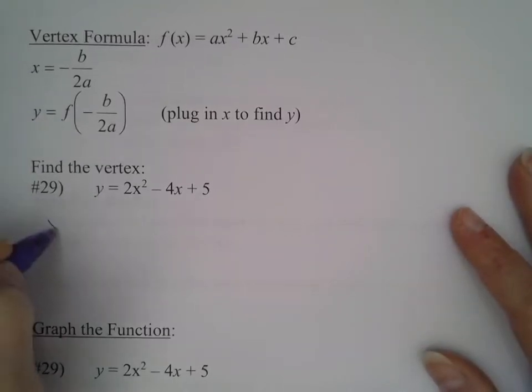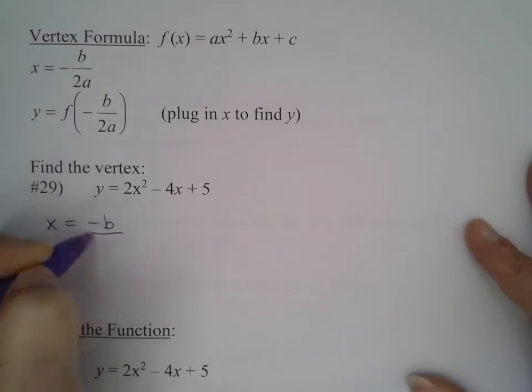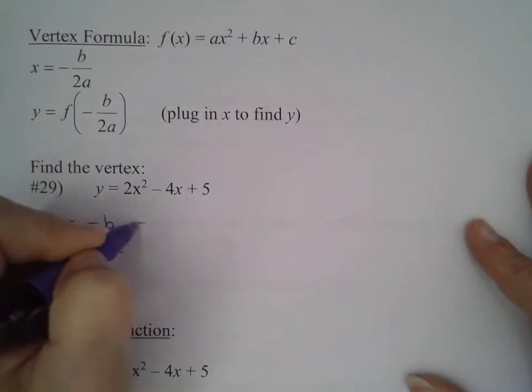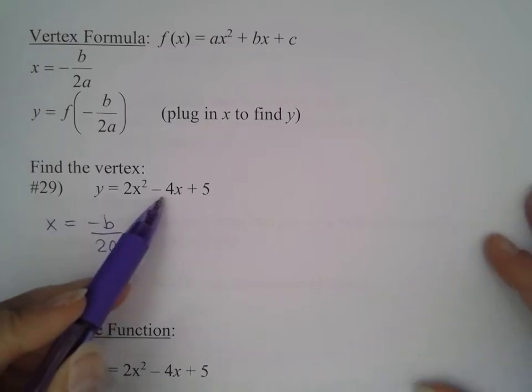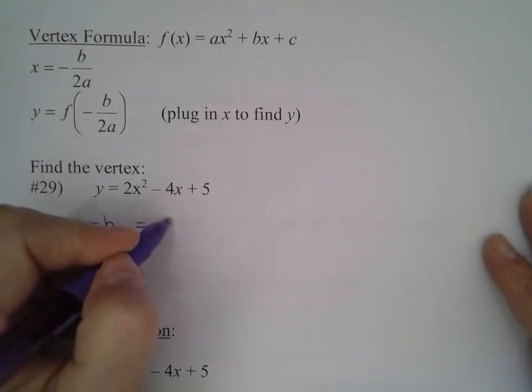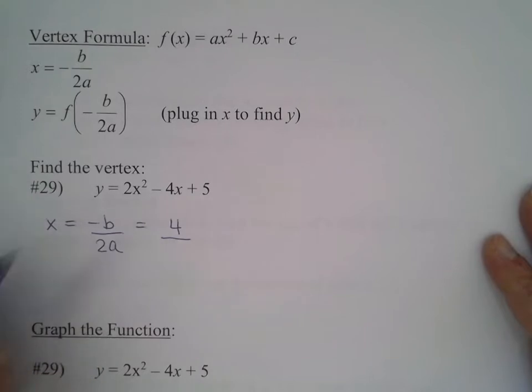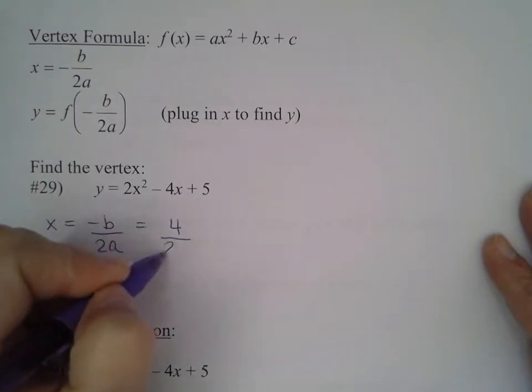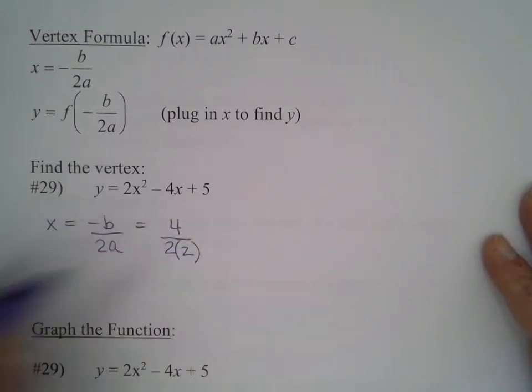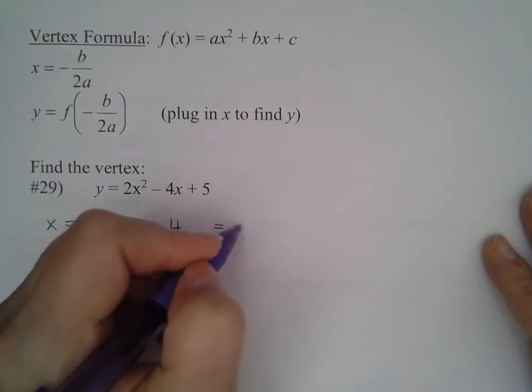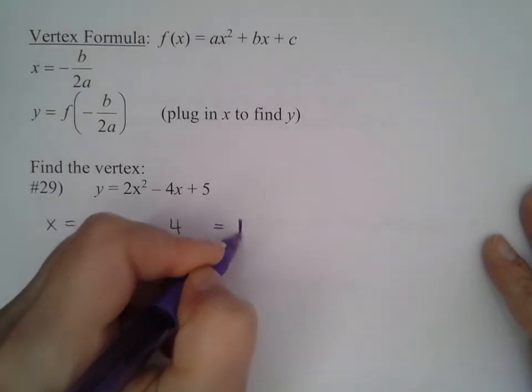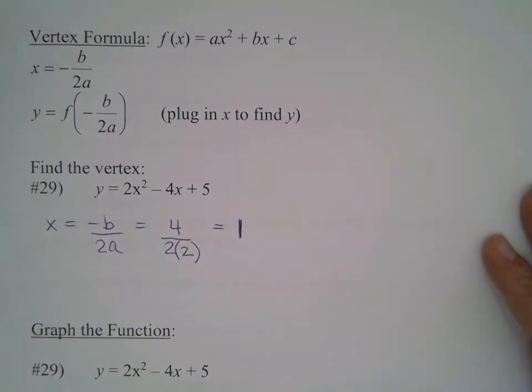Okay, so let's use that to find our x value. B here would be -4, so the opposite of -4 would be 4 over 2 times a, which is 2. So really that's 4 over 4. So the x value for this vertex is 1.